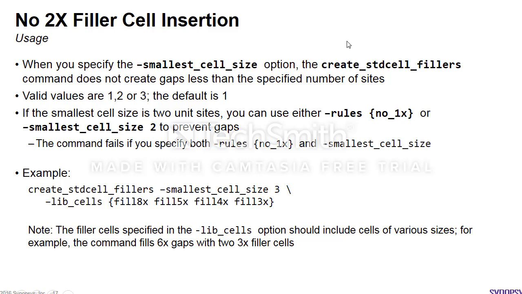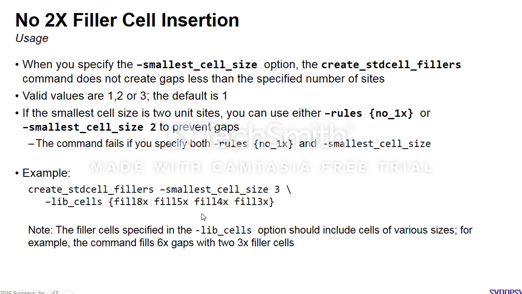And for the usage of this, you need to take care. If you specify, for example, 3 for your smallest cell size, your library cells you provide need to fill all the gaps bigger than 3x.